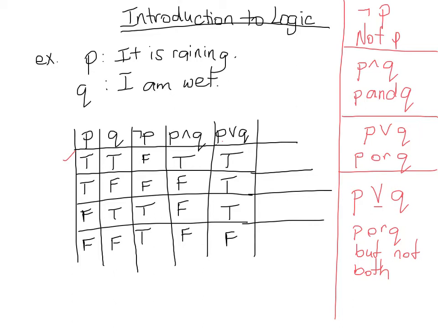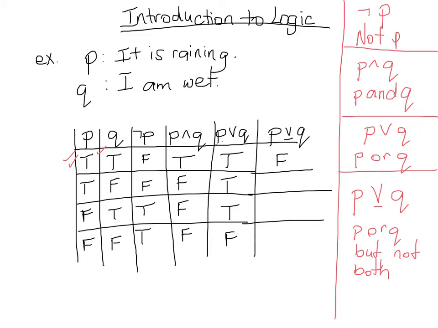So we have here in the first row, they're both true. We have P true and Q true. But it's or, but not both. In this case, they're both true, so it does not work. So this one is false. Again, to be true, they have to be different.